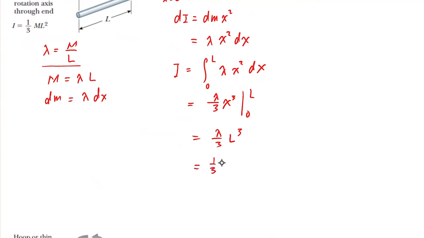We have 1/3 times m over L times L cubed, and then the L's cancel, so we have 1/3 mL squared, as you memorized. What that means is that since moments of inertia add naturally, we think of this as infinitesimal-size molecules, and we just add them all up. So it becomes this naturally.